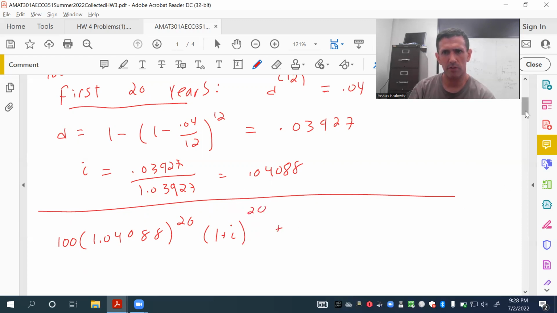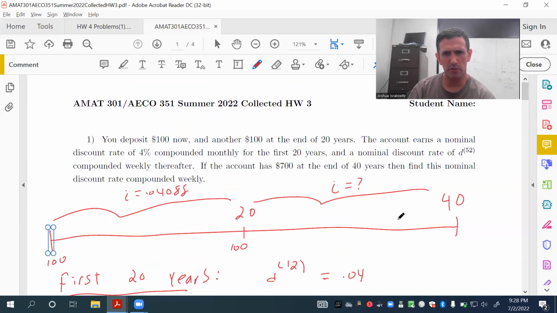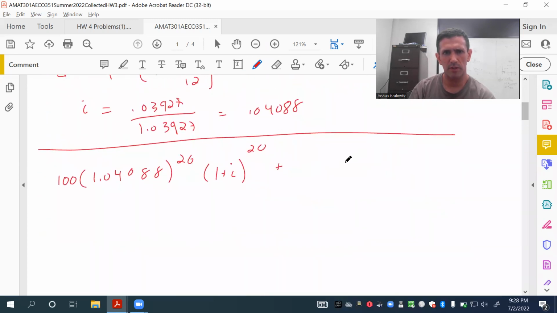The second 100 just accrues 20 years of interest at this unknown interest rate. Even if you did not do the problem this way, it's very important to understand how I'm doing it. And this is going to be equal to 700.